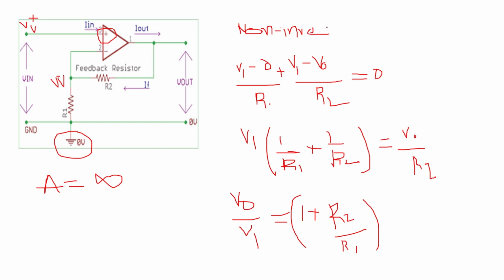For the non-inverting configuration, let's apply Kirchhoff's current law, then V plus is equal to V minus. It's nothing but the sum of entering currents at a node is equal to the sum of leaving currents. Correct, right? So when you consider this, all these are entering currents to this node.